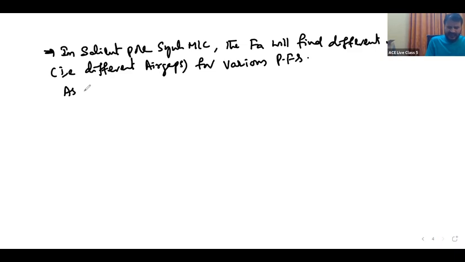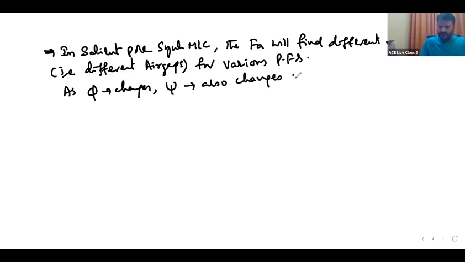As phi changes, psi also changes. Therefore, the reluctance for FA will change.